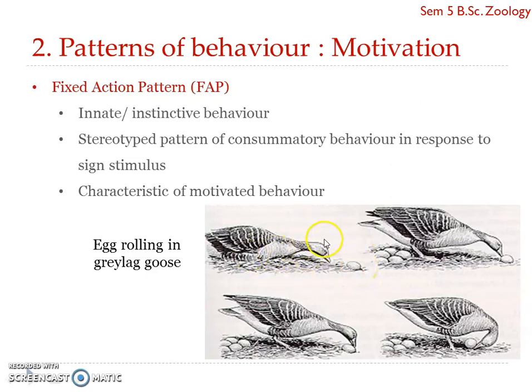The goose looks at the egg, then it rises and tries to touch the egg with the bill tip. Then it places the underside of the beak on top of the egg, bends its neck and swings it laterally in a rhythmic movement to pull the egg back to the nest.